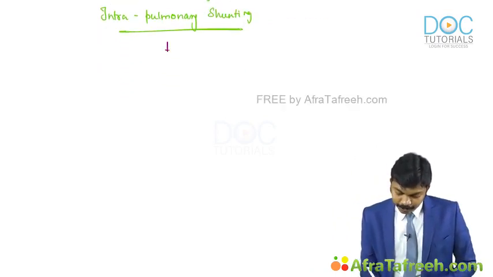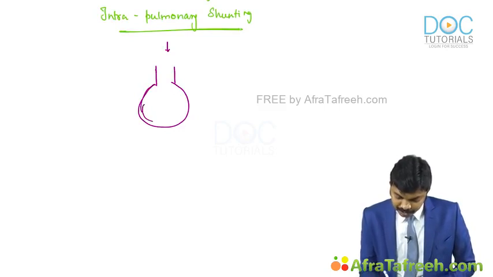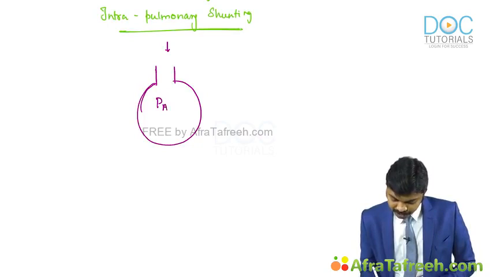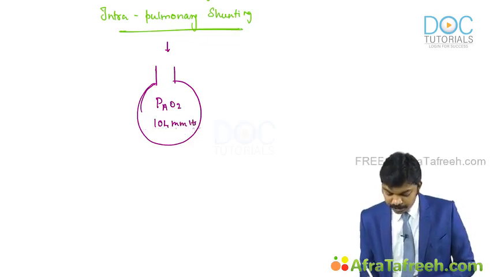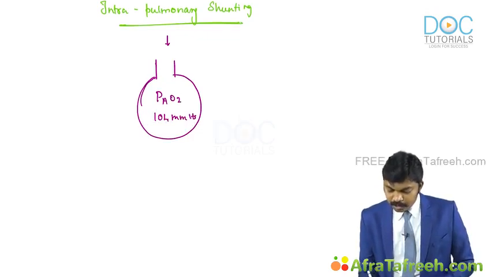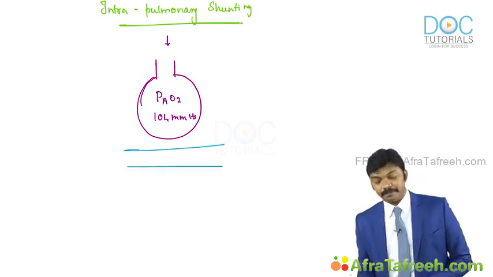Number 1, when an alveolus is having enough oxygen in it, when the partial pressure of alveolar oxygen is normal, for example 104 millimeters of mercury, there is going to be a normal luminal patency of pulmonary arteries.